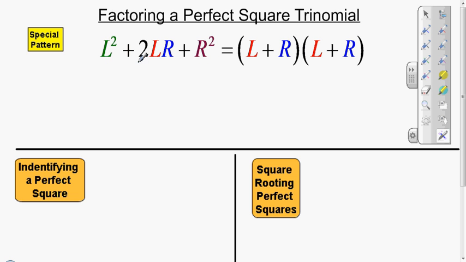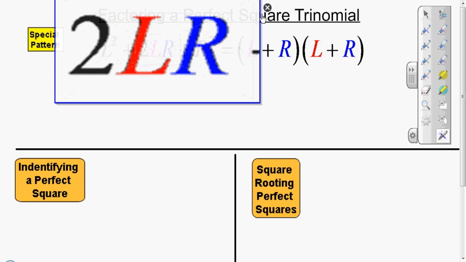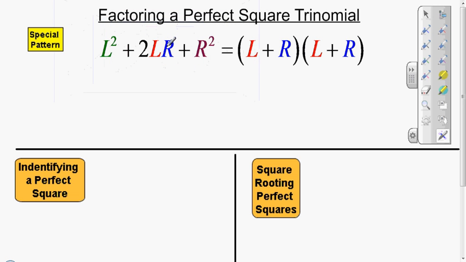Where it says 2LR, they don't all necessarily look like they have a 2 in them per se when you go to identify them. But this term that says 2LR says that the middle term is 2 times the product of the square roots of the first and third terms.